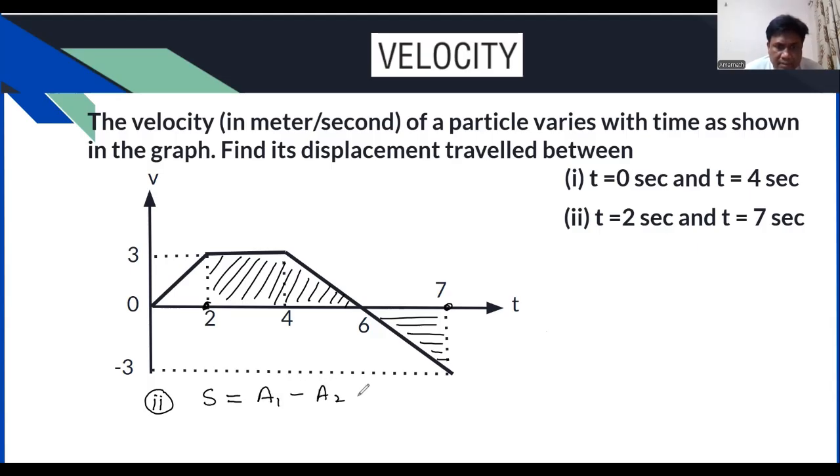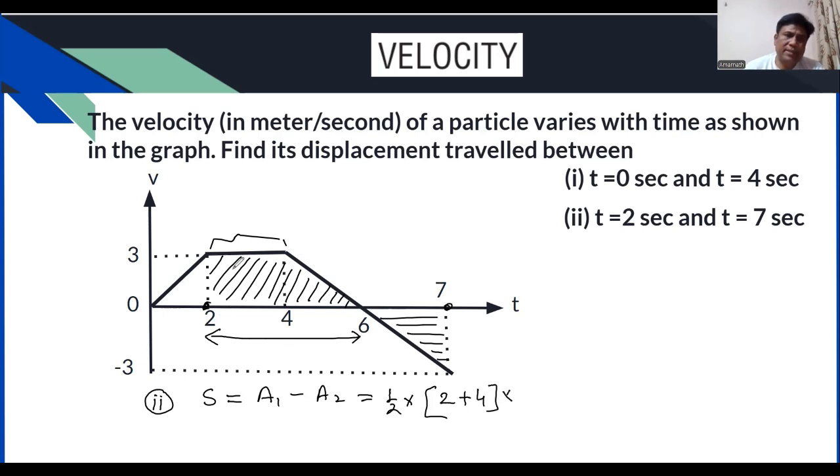The first area is half into the sum of the parallel sides. Here to here it will be 2 only, since 4 minus 2 is 2. And here to here, 2 to 6, it will be 4.